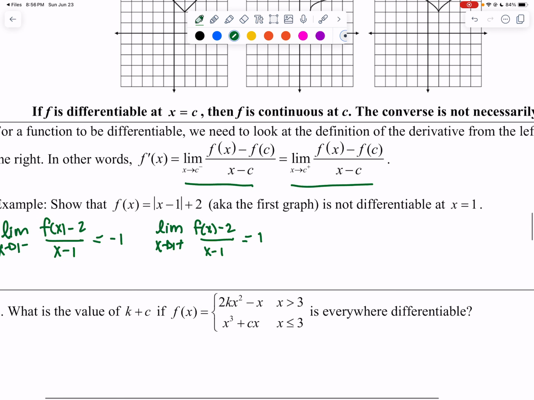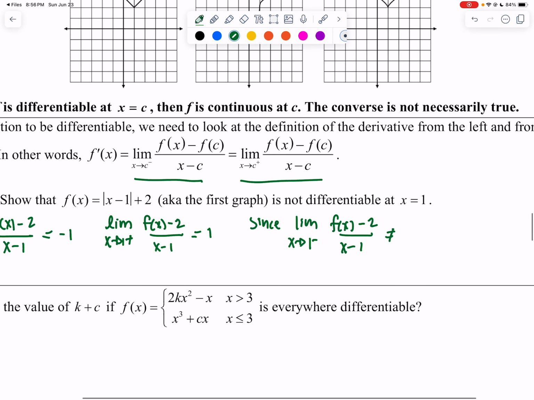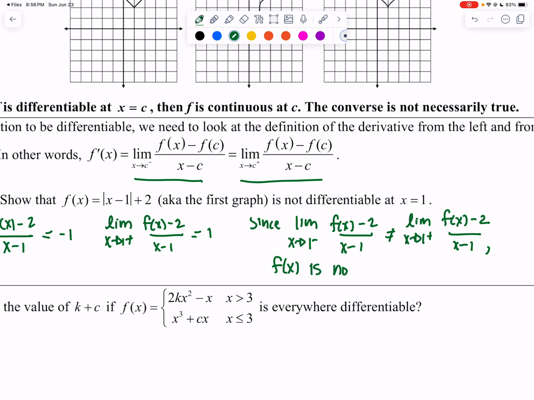And since the limits don't match up, f of x is not differentiable at x equals 1.